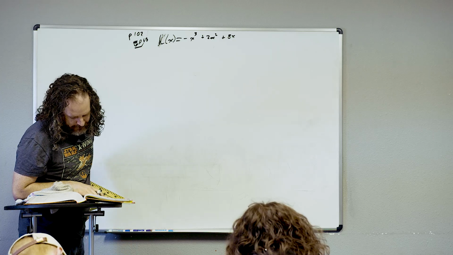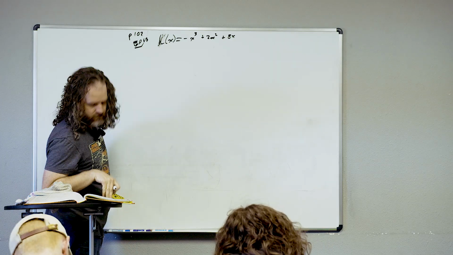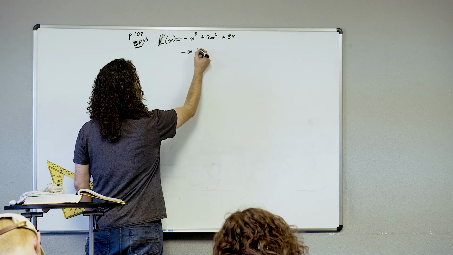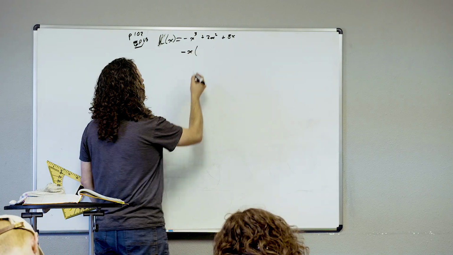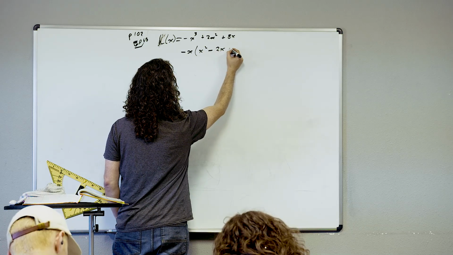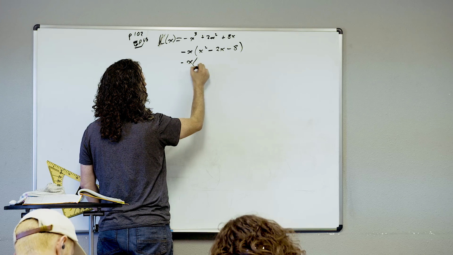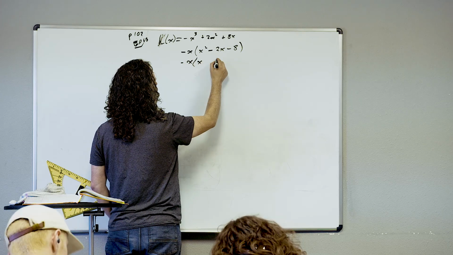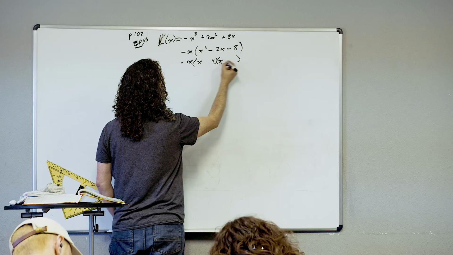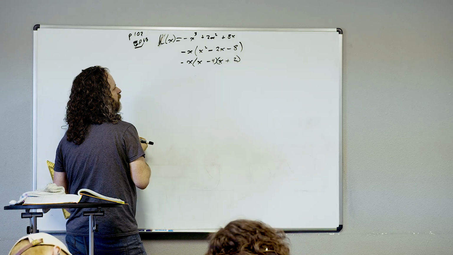And then we're going to factor it. We pull out a negative x, I almost said squared, and that would have been wrong. Then we end up with x squared minus 2x minus 8. So negative x, and then we factor this into x minus 4 and x plus 2.